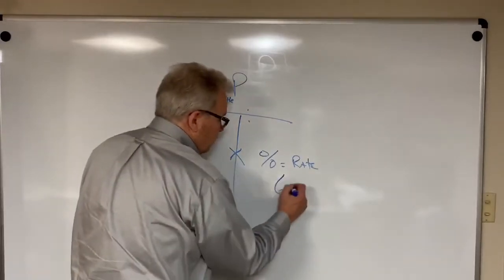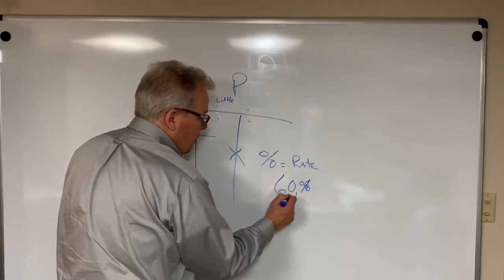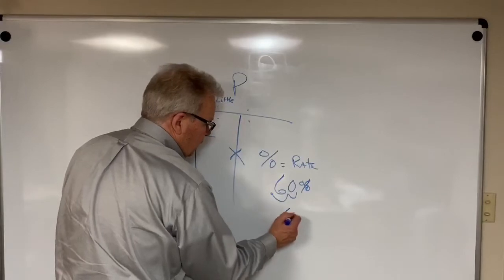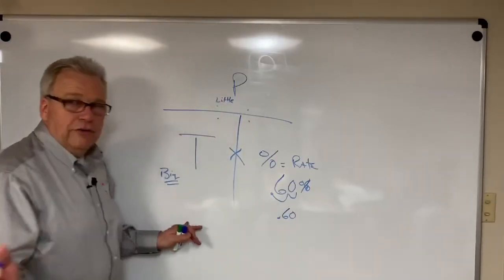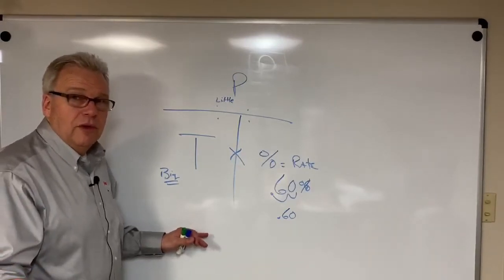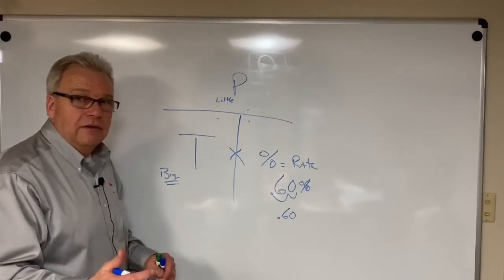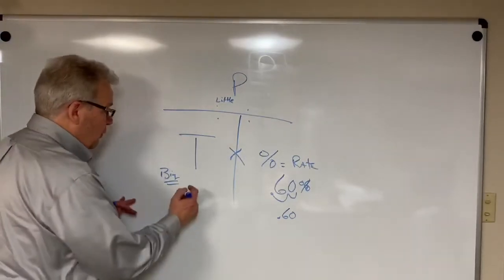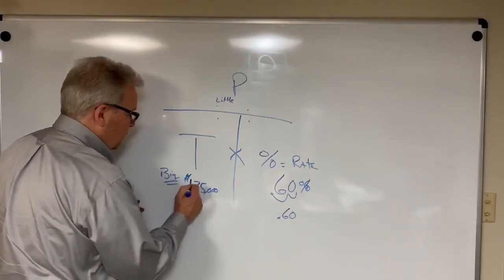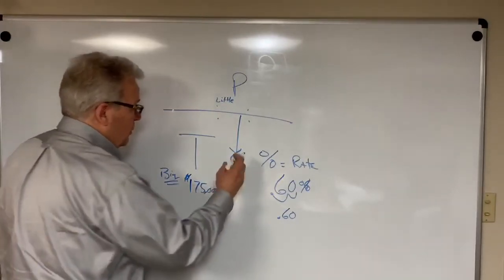So Connie purchased a home for $175,000 and her loan was 60% of that. Well, we know where the 60% goes, don't we? Now, remember, John says move that decimal over 2 places. Well, we don't have to put a 0 out there. It's just 0.60. And where does the 175 go? Well, we're solving for her loan amount. So would the loan be less than the sales price? Sure it would be. So the bigger number would be 175,000. So what does our math tell us to do?